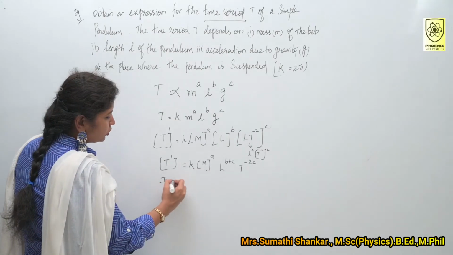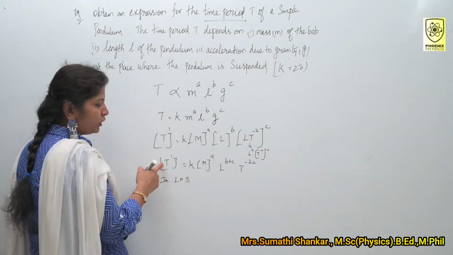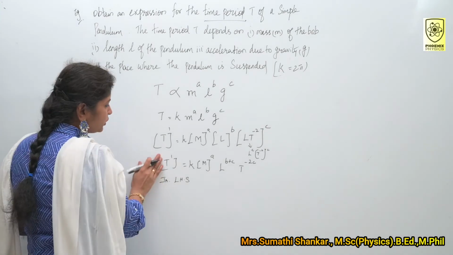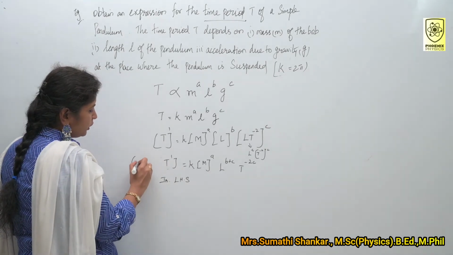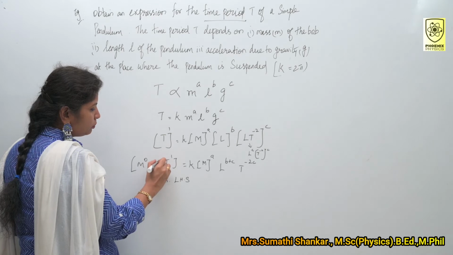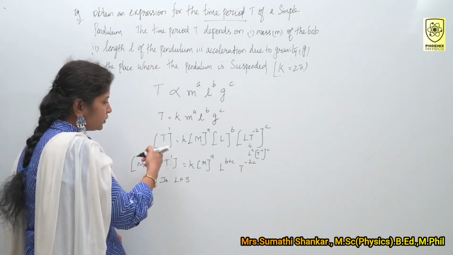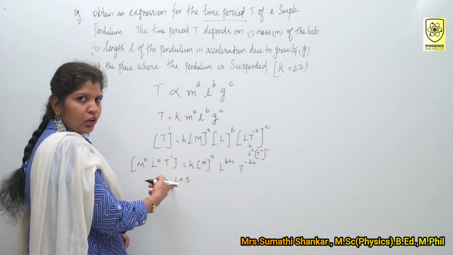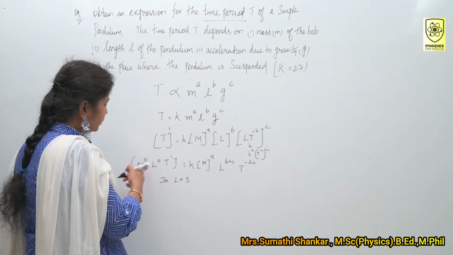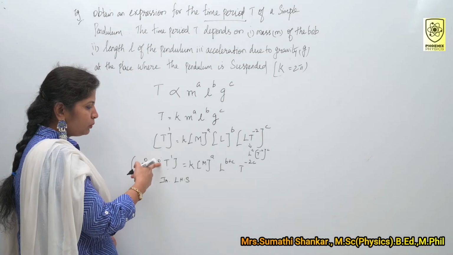In LHS, no M quantity and L quantity. You can simply write it as M to the power 0 and L to the power 0, because we don't have any mass and length quantities in this LHS side.